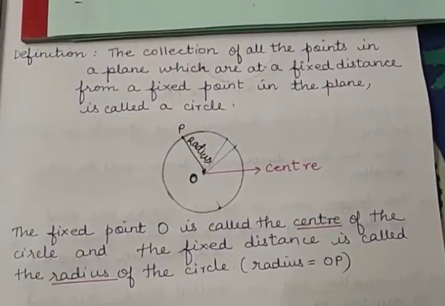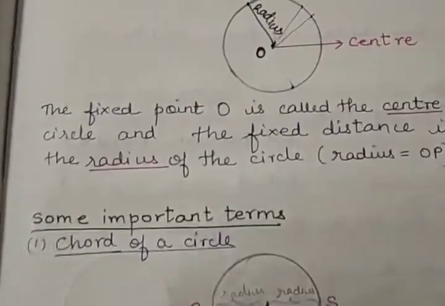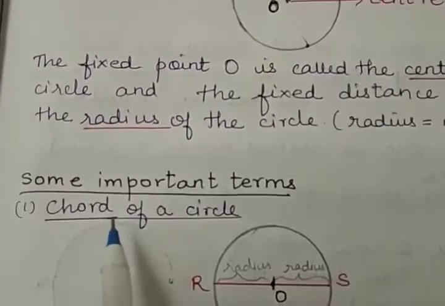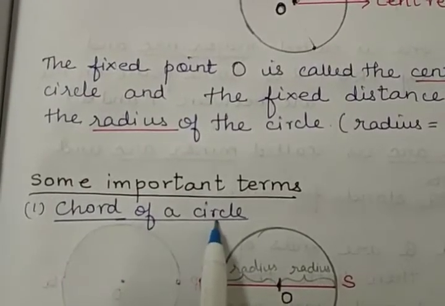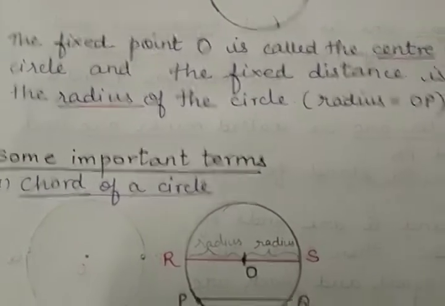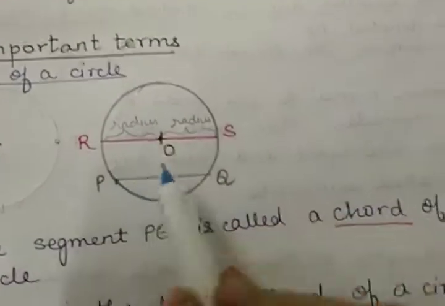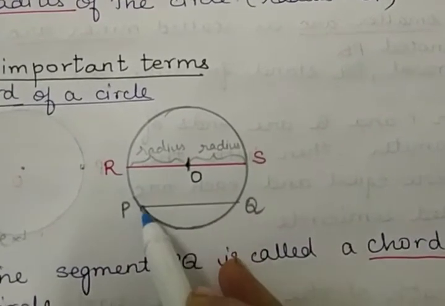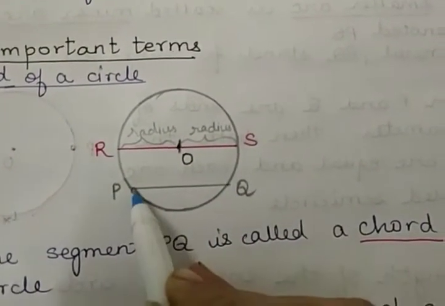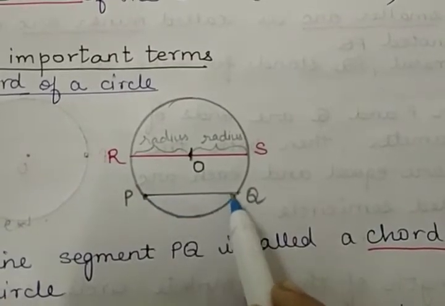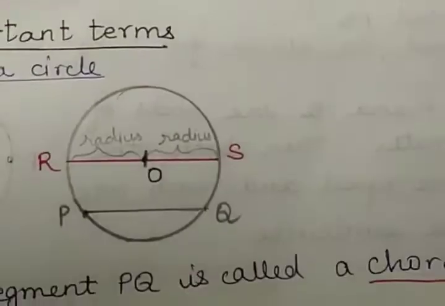Now let us see some important terms associated with circles. The first is, what is a chord of a circle? Suppose you have a circle and you have a line segment PQ. You take any 2 points on the circle and you draw a line segment PQ. Then this line segment is called the chord of a circle.